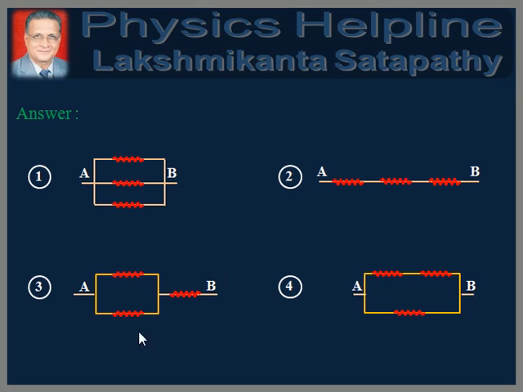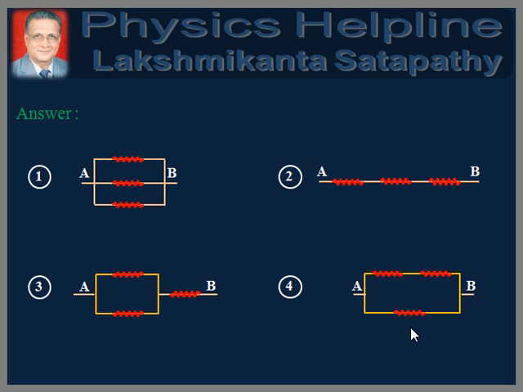In the third case, two resistances are connected in parallel and the third in series with it. And in the fourth case, two resistances are connected in series and the third in parallel with it.